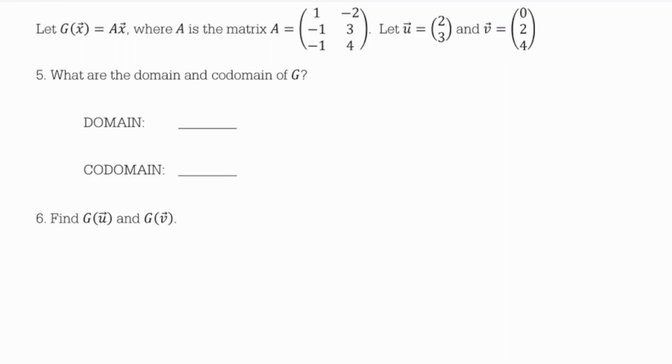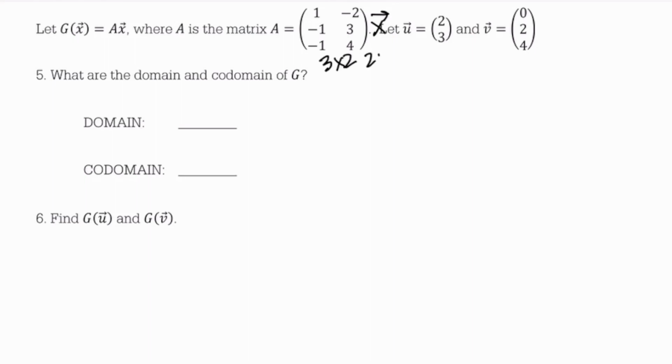All right, g of x is going to equal A times x, where A is the matrix. This is a 3 by 2 here. Let u equal this, and v equal that. What are the domain and codomain of g? All right, so g of x equals A times x, so if we envision a vector x going here, it's going to need to be a two-dimensional vector in order for the multiplication to be defined. This is a 3 by 2.